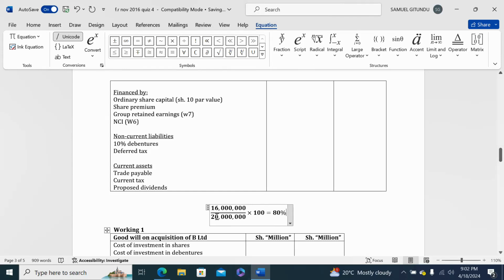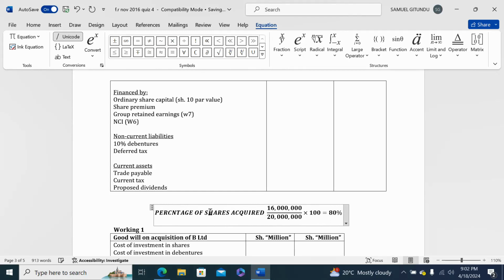So this is the percentage of shares acquired in B. It controls more than 50%, therefore B is a subsidiary of A.